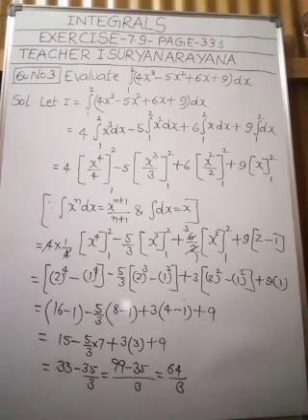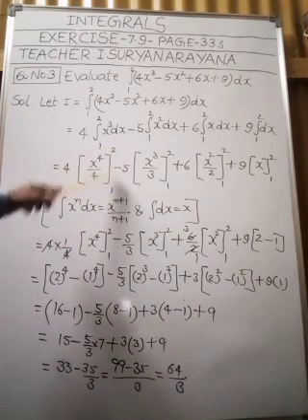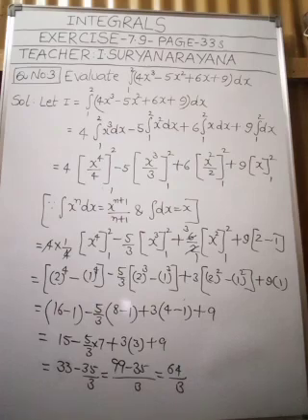So by using any one of these methods, a suitable method, apply it to find the integral of the given function. After that, follow these steps, upper limit minus lower limit. That's all. Will you do it?